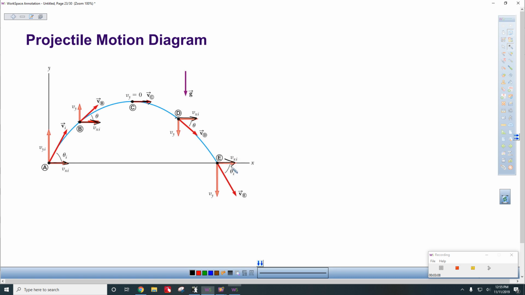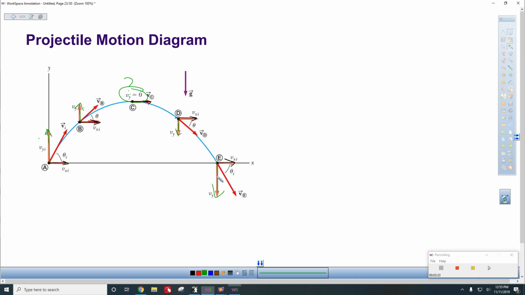And you'll notice that the velocity in the y direction does change throughout the picture. It changes both in terms of direction and in terms of size. Here it's going up and it's big, it's up and it's medium. Here it's zero. Here it's going down and it's small or medium, and now it's down and it's big again.